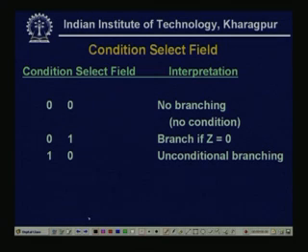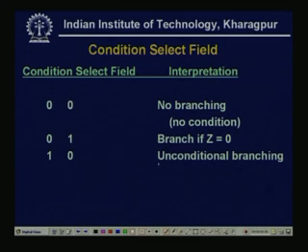So, first we see the condition select. If the condition select field has 2 bits, then 0 0 means there is no branching, that means no condition. 0 1 means branch if Z equal to 0, and 1 0 means unconditional branching.